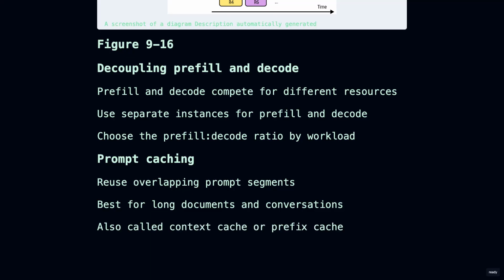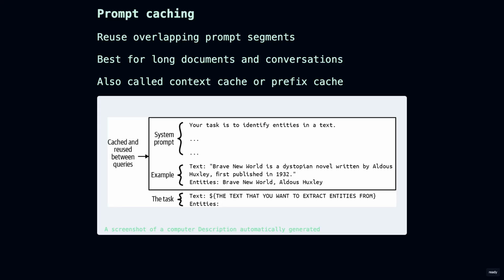You may see this idea named in different ways, but the mechanism is the same. The cache stores reusable prompt prefixes so future requests can start from them instead of recomputing them. The image shows the repeated prompt segment being cached and reused.